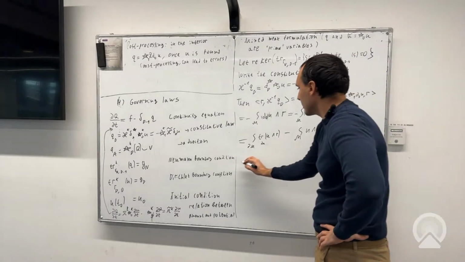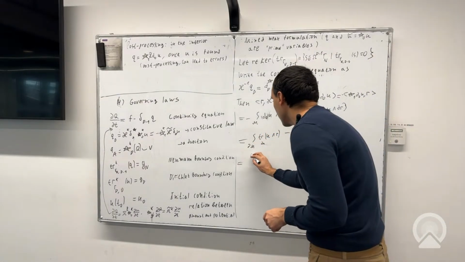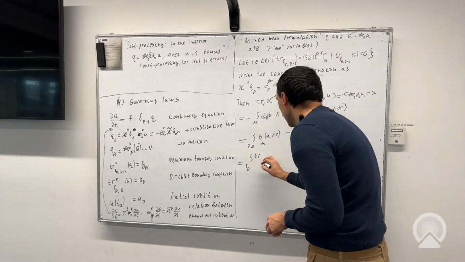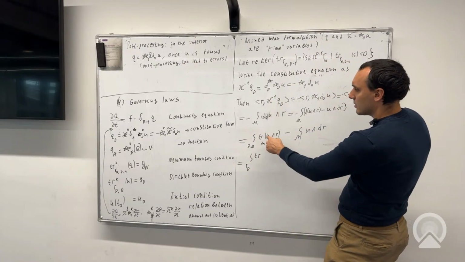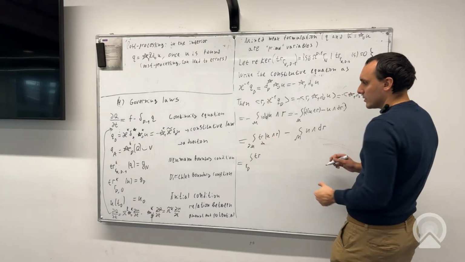Now the first term, again, we split the boundary into Dirichlet and Neumann. So this is the integral over gamma d of the trace of u wedge r, which is the trace of u wedge the trace of r.